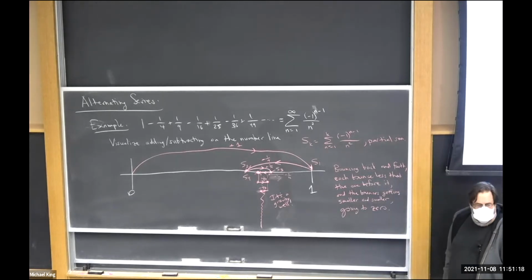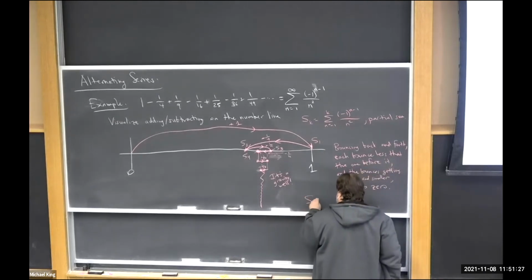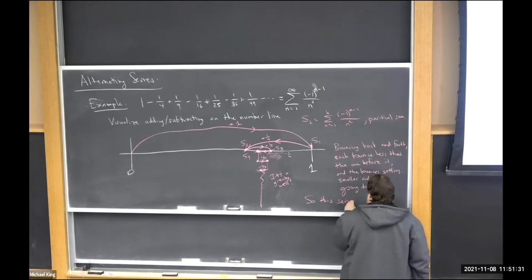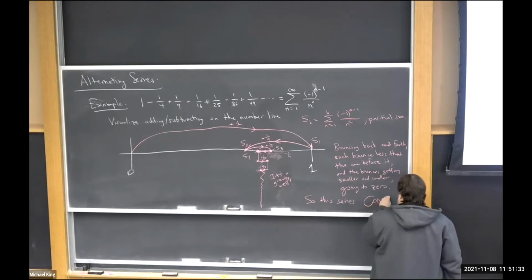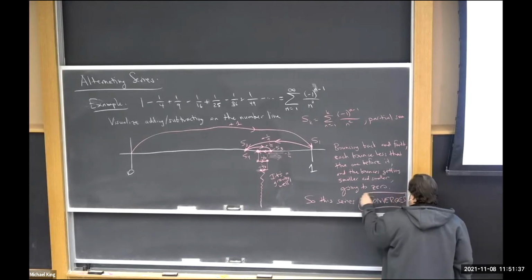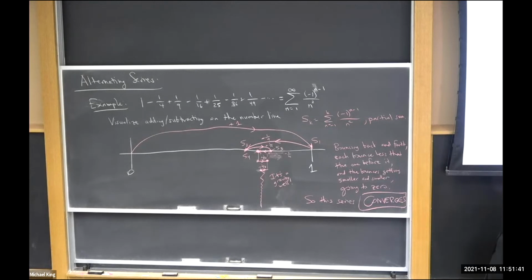I think that's kind of the argument. And that's really what the alternating series test says. If you look at the handout, that's what this says. So this series converges. It just has to settle down and come to a stop. And that's what we know, right? We can see it here.